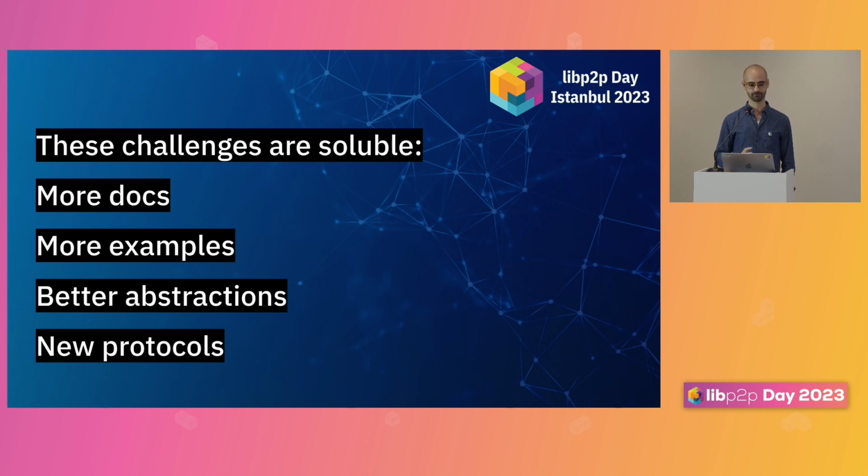Again, all of these challenges are soluble, but if we're thinking about onboarding more developers, I think we really need to tackle these challenges on different fronts, and that includes more documentation, more examples, maybe better abstractions.